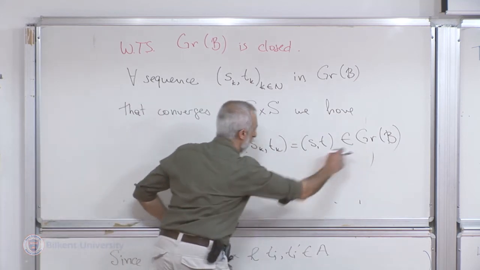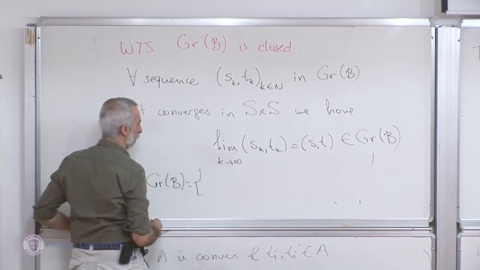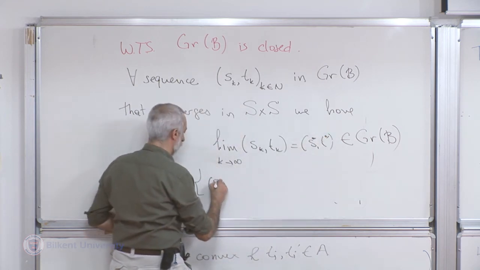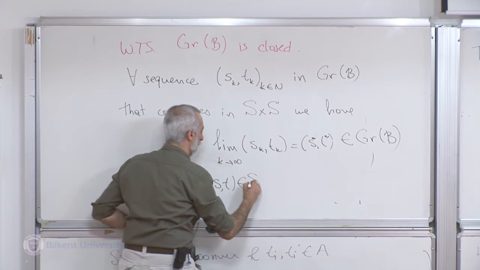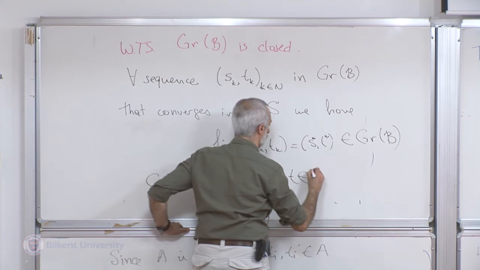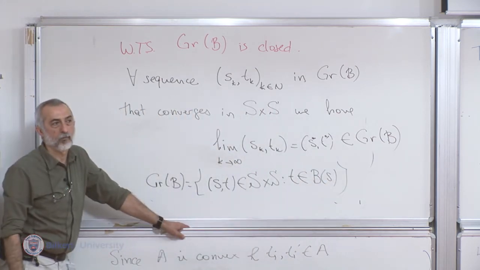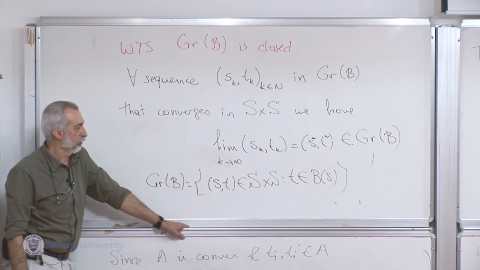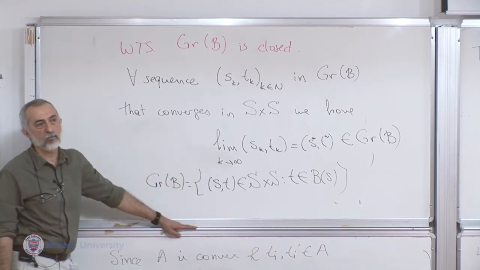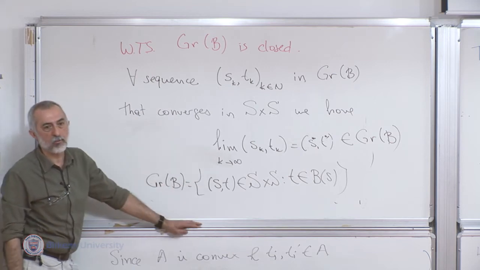Again, let me remind you what graph of B is. It's the set of, actually let me put a star here. It's the set of all s, t in S Cartesian product S such that t is an element of B of s. Guess which condition would guarantee this?